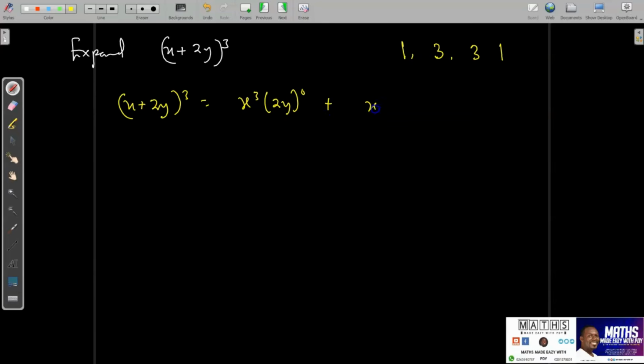Plus x to the power 1, then 2y to the power 2. Then finally, we have x to the power 0 and then 2y to the power 3.